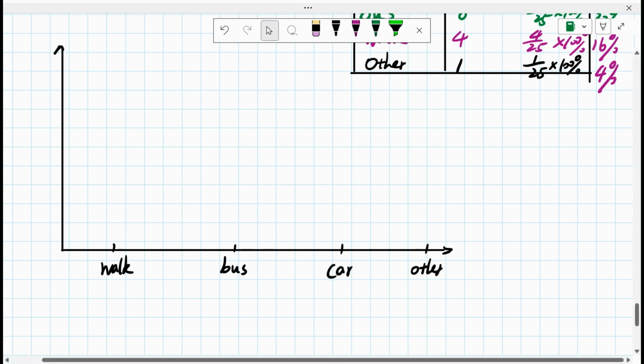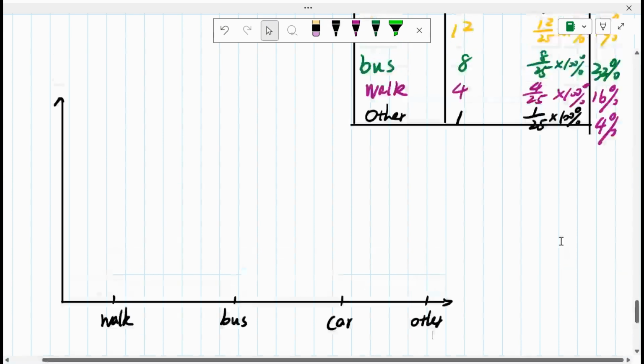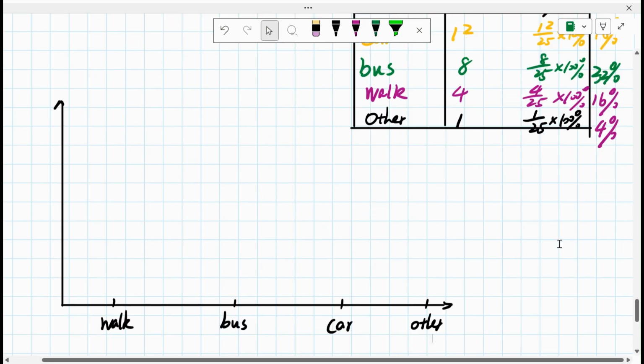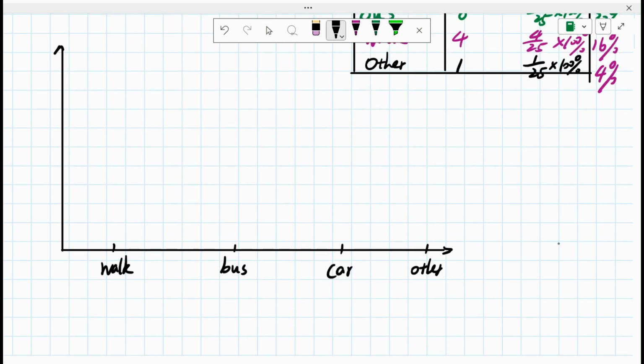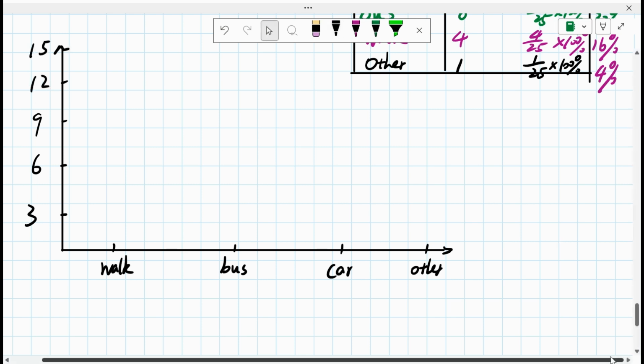And for frequency, because it's 1, 4, 8, and 12, we can do 3, 6, 9, 12, and 15. Okay, then, perfect. Now we can make a bar chart.